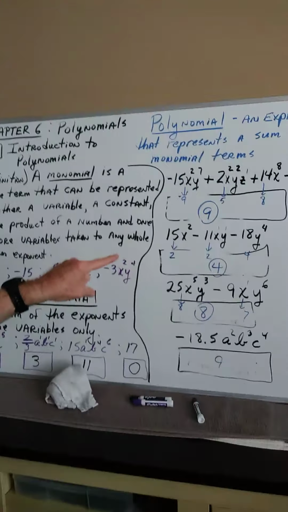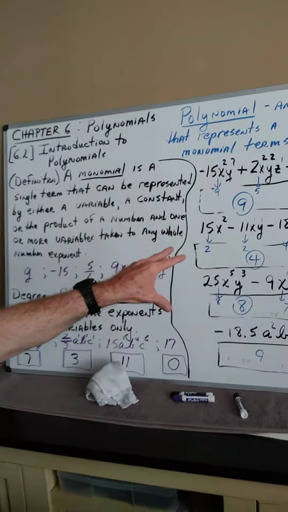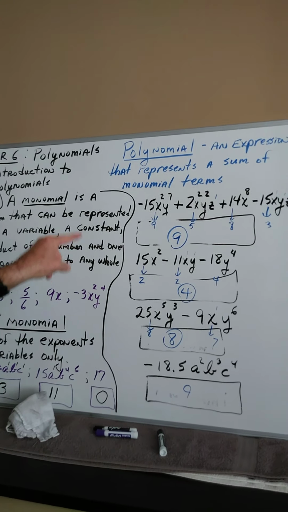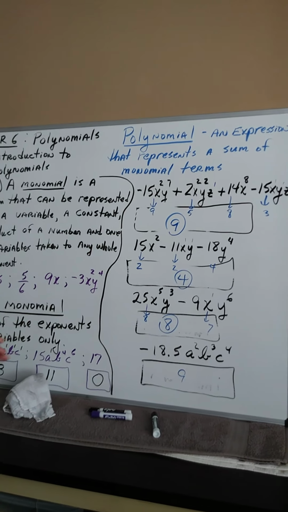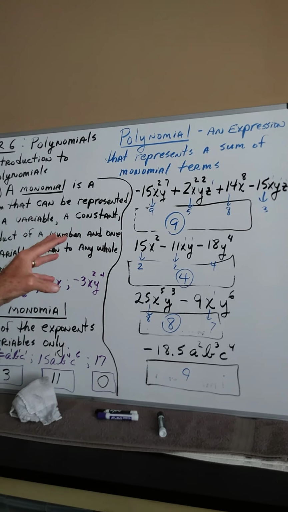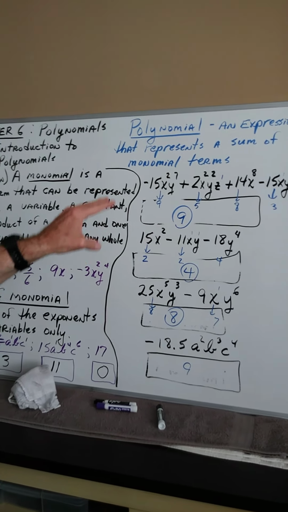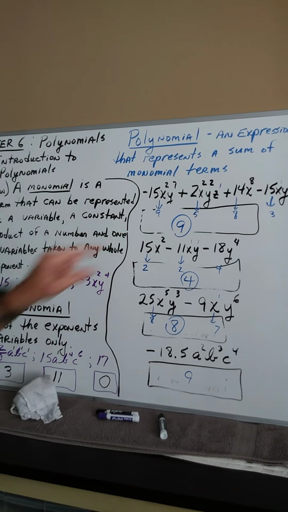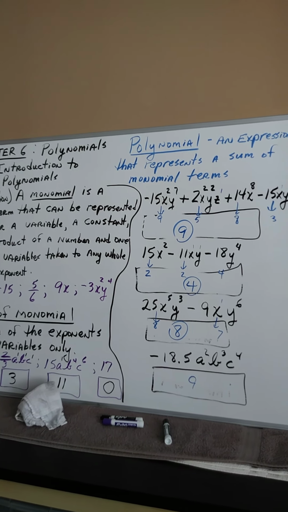So in summary, when we are finding the degree of a polynomial, you find the degree of each and every term that makes up that polynomial, and after you have found the individual degrees of each of the monomial terms, you then pick the biggest number, and you'll have the degree of that polynomial.